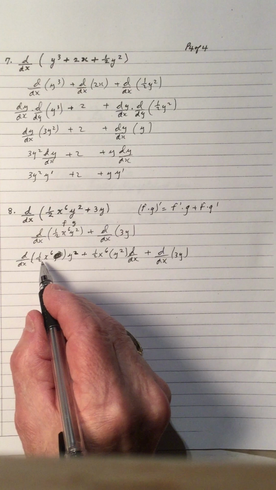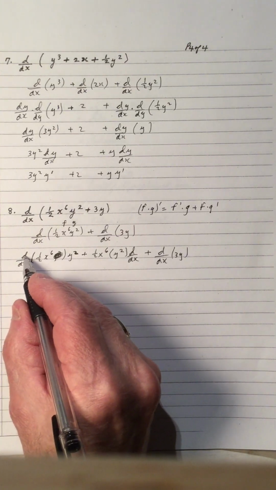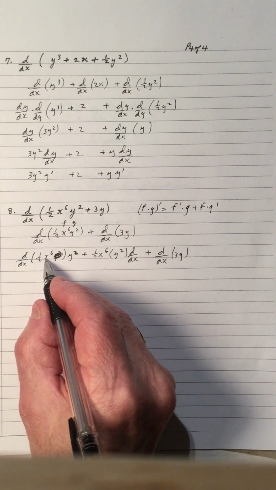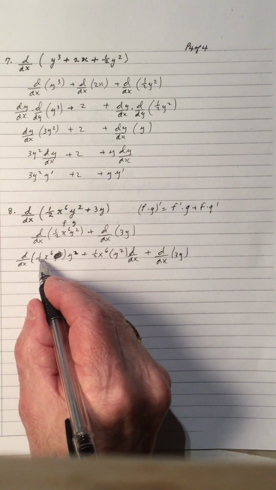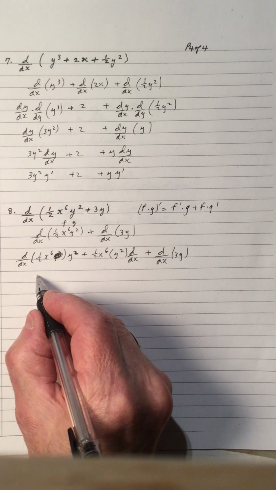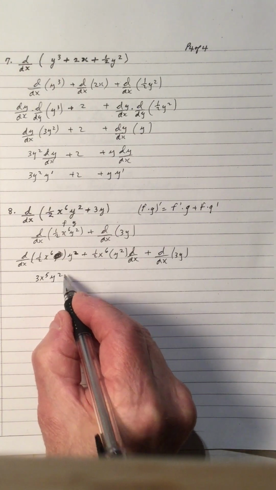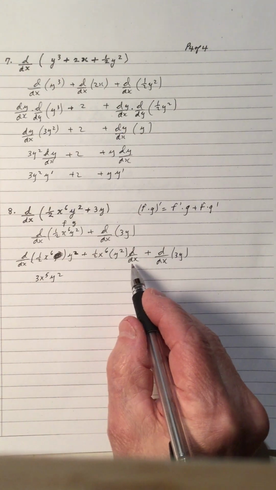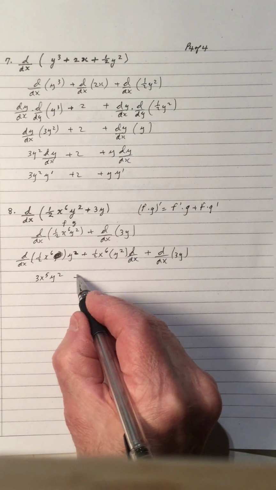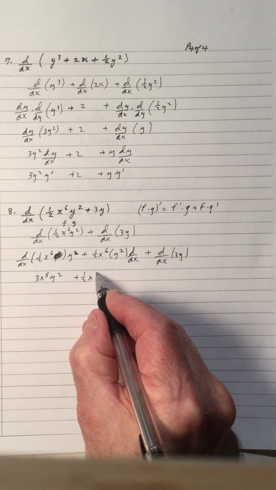And right here, this one is okay. So d/dx on half x to the 6th. Half times 6 is 3x to the 5 y squared. But this one is a half x to the 6th.